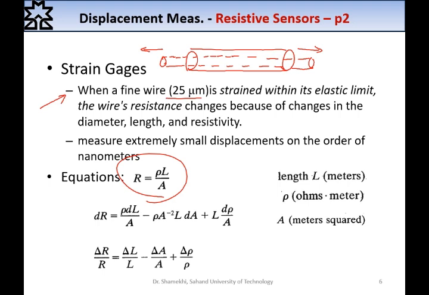You know the main equation of resistance is this: R equals rho multiplied by L divided by A. Rho is the ohmic density or resistivity, L is the length of the sensor and A is the area of the wire.